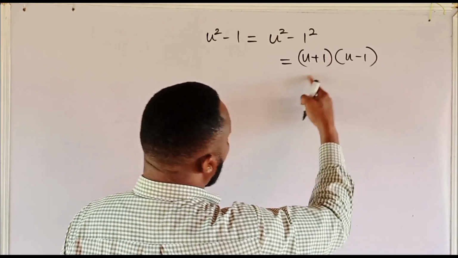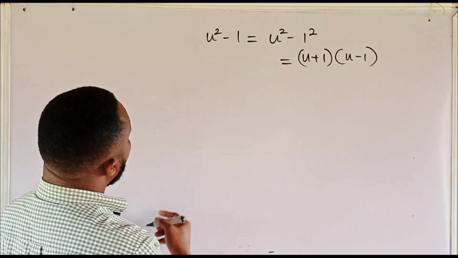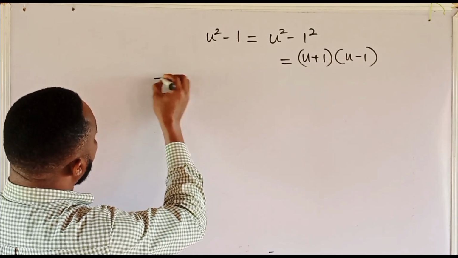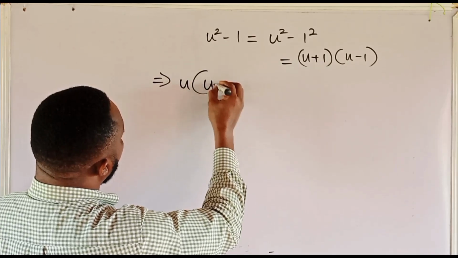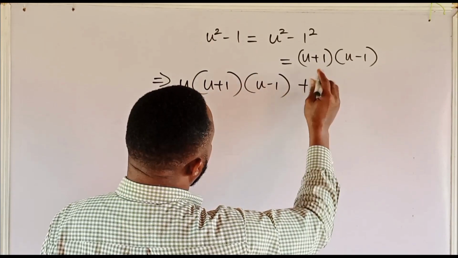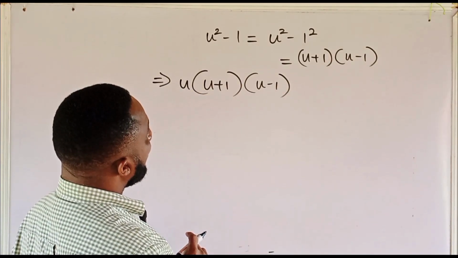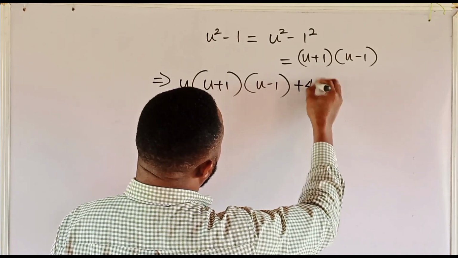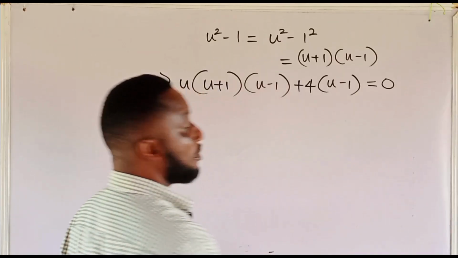It doesn't really matter which one comes first, the positive or negative. So we shall replace it in our equation. We are then going to be having u multiply u plus 1 multiply u minus 1 plus 4 into u minus 1, everything equal to 0.